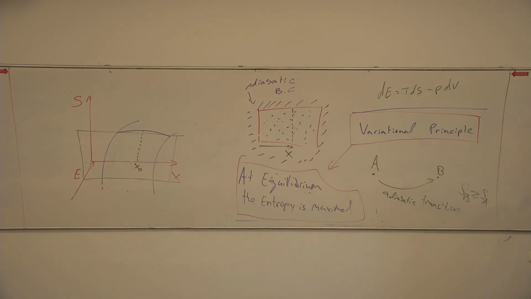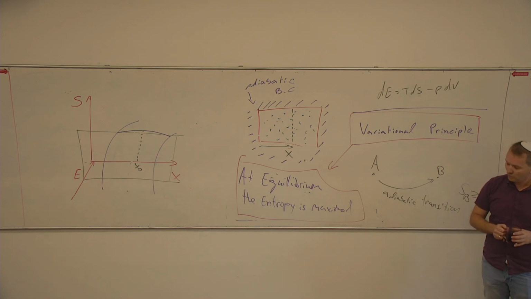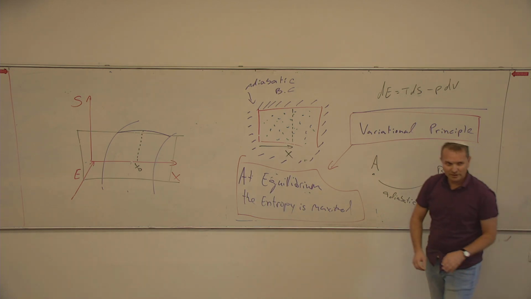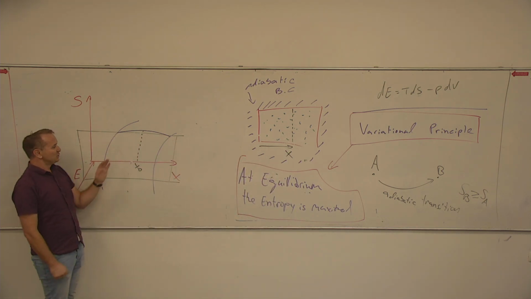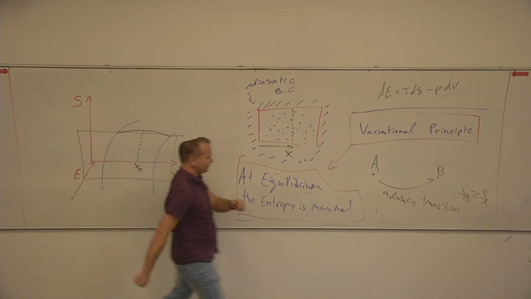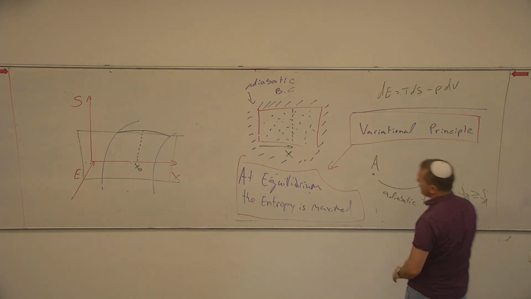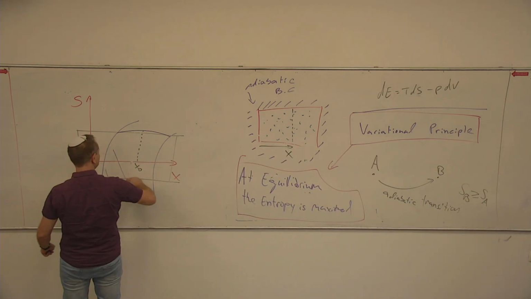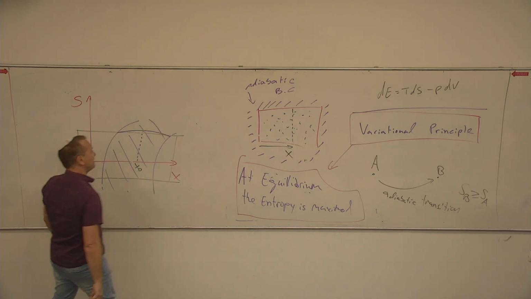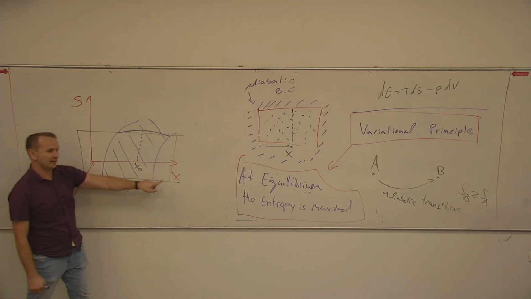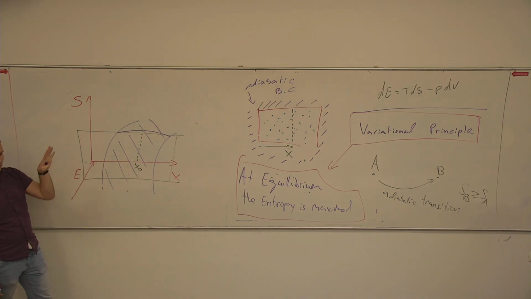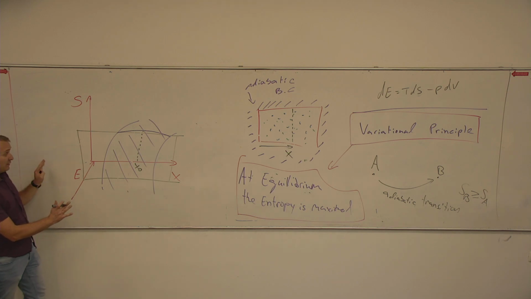Yes? Can you repeat what those violet lines are again? Okay, so this is my failing attempt to present to you a three-dimensional picture. You have a manifold, the purple manifold. Assume that this is how S depends on E and X. Think about it as a two-dimensional structure, a two-dimensional plane, but not a fixed plane.